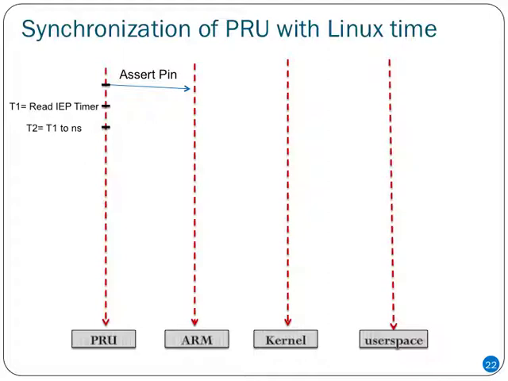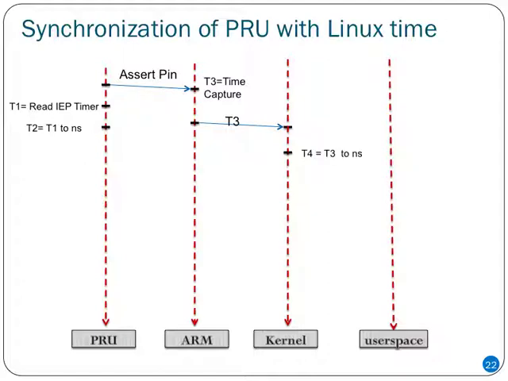Let's see on the ARM side, which is a scary side as it has ARM kernel user space. You will find that the ARM has some low-level capability to capture the time. Low-level capability, it means when I toggle a pin, it can take a copy of the counter in hardware. So it will capture the time, send it to the kernel.